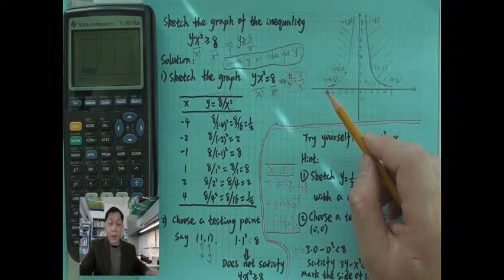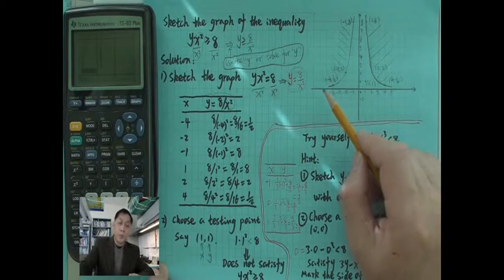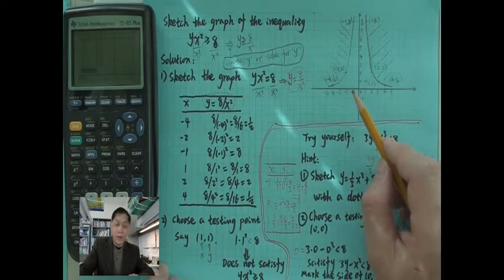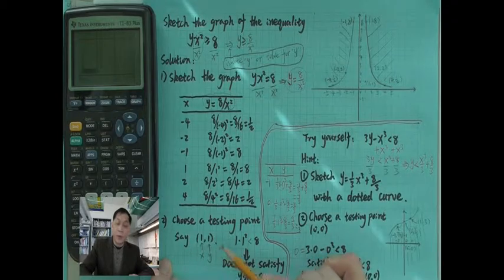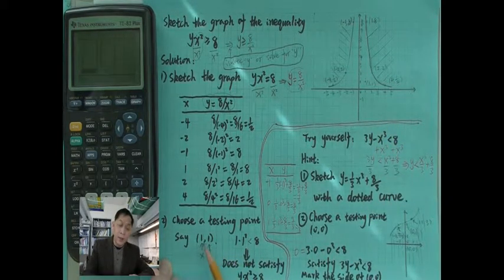Step 2, you can no longer plug in 0 for x. You may choose (1, 1), or whatever you like. Here what I did is I chose (1, 1).